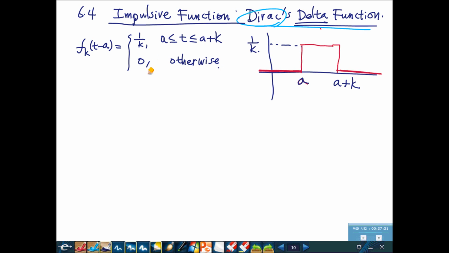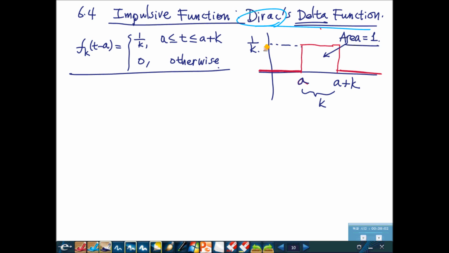Okay? This picture you can write exactly this way mathematically. One thing is really, really important. This is the way it is designed, okay? So the area is 1. Here this is k, right? k times 1 over k is 1.